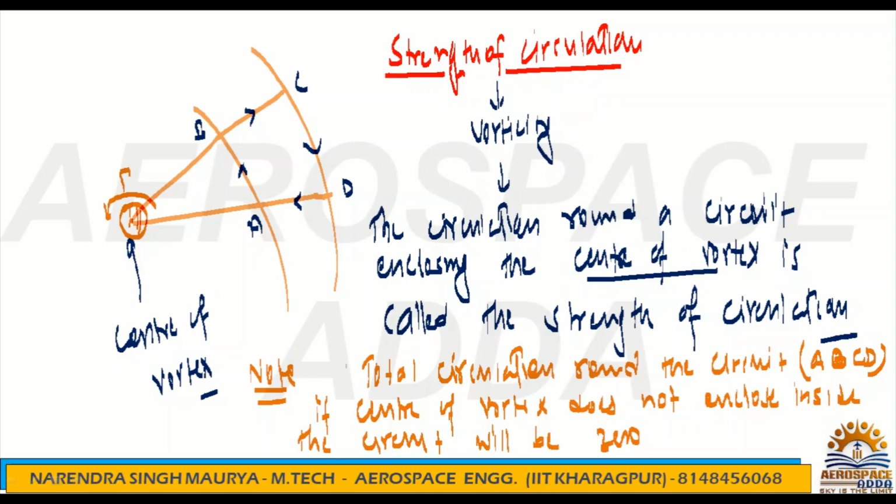So to get a nonzero value of circulation, the center of vortex should be inside the circuit only. This is the one property I have written.